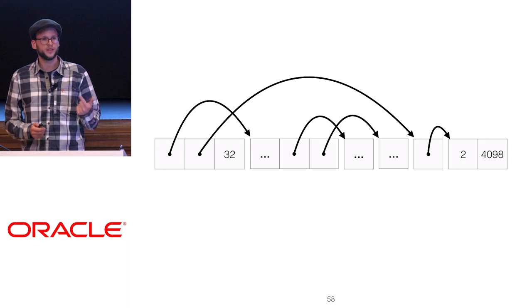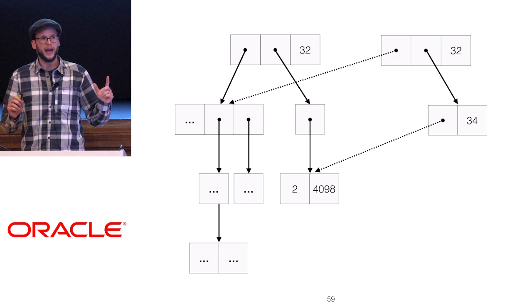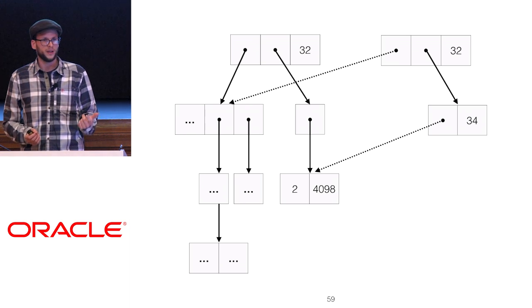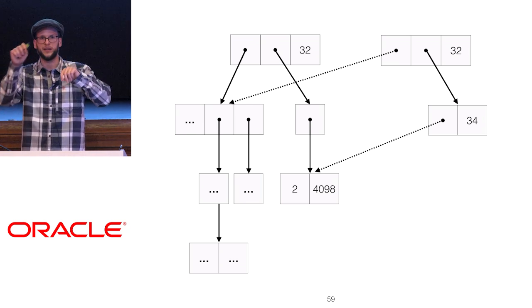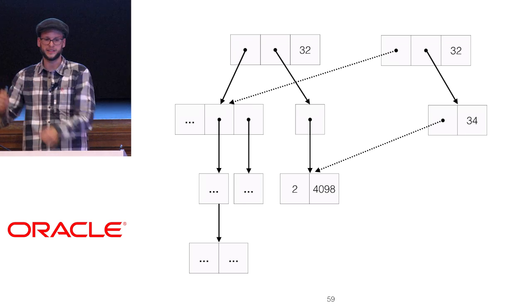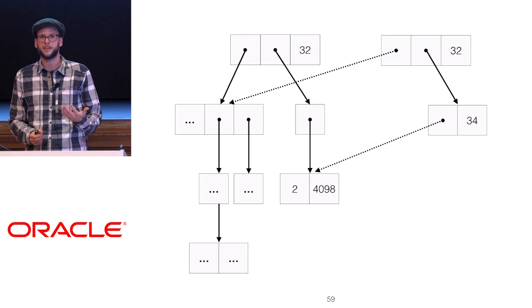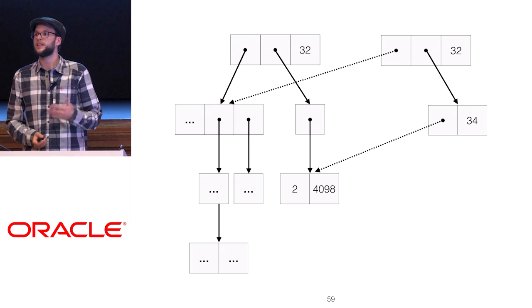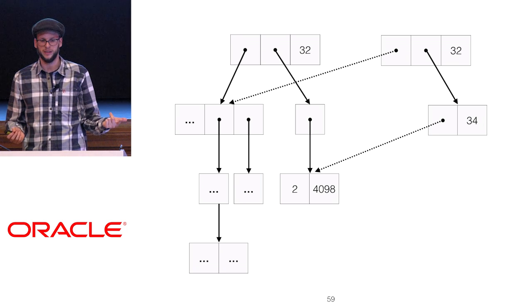But the story is not that simple because, as I told you before, once we modify those data structures, we actually get all these deltas. And deltas are linking back to the original state. So instead of having a single tree, what we actually get is a forest of trees.